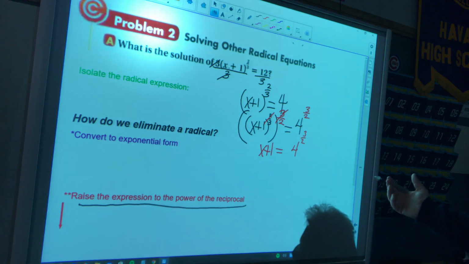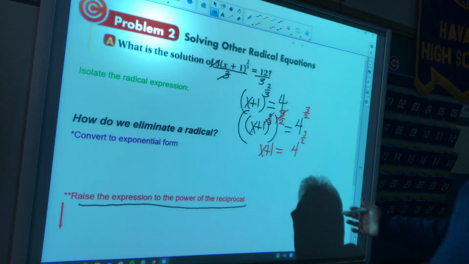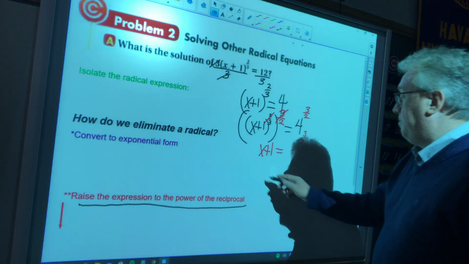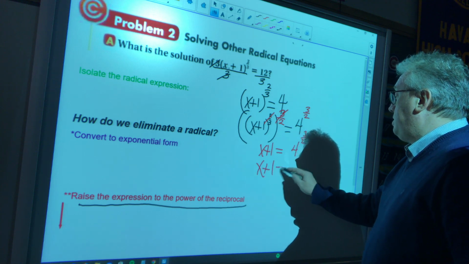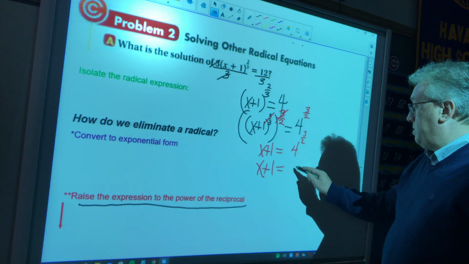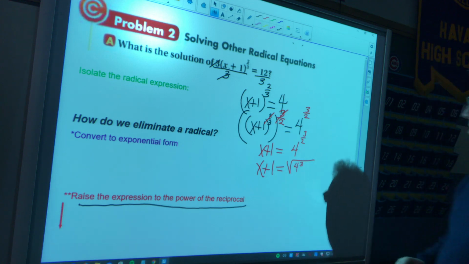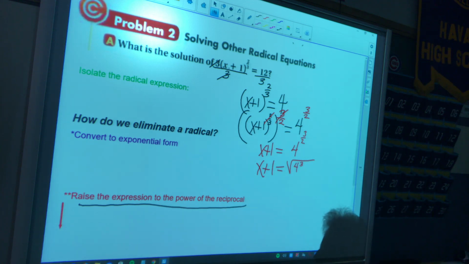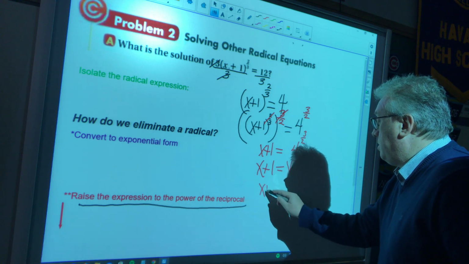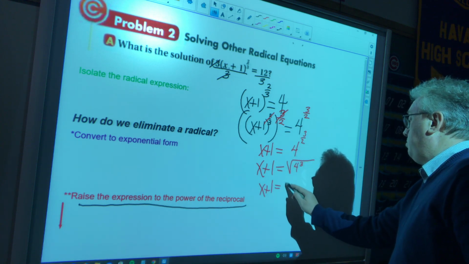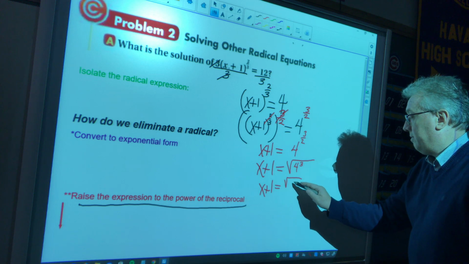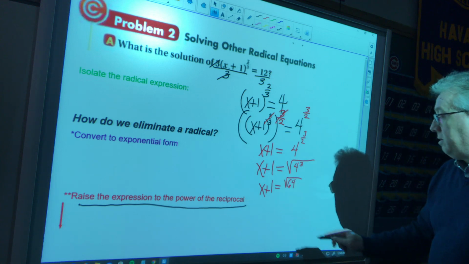Now, let's see what it looks like in radical form. x plus 1 equals the square root of 4 cubed. Well, what is the square root of 4 cubed? It's the square root of 64.